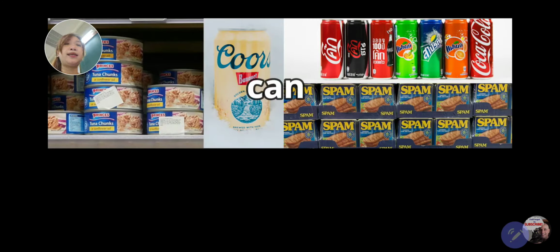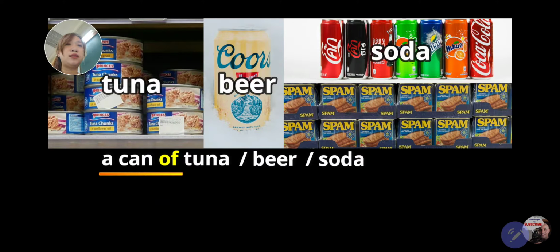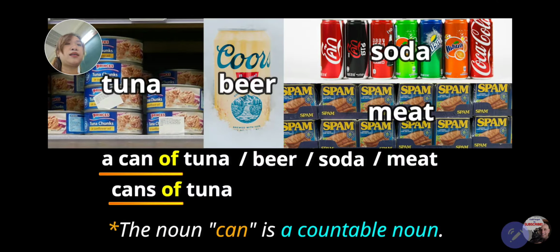A can is a very popular container, and we use it for such things as a can of tuna, a can of beer, a can of soda, a can of meat, any kind of meat, or fish. And if there's more than one can, we say cans of tuna, cans of beer, cans of soda, or cans of meat.